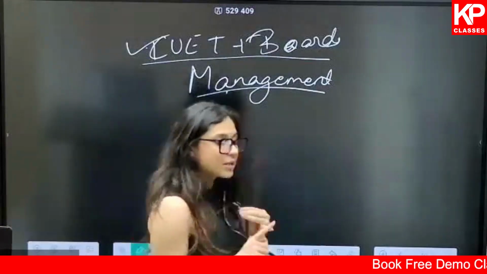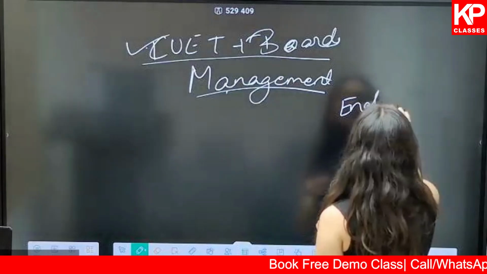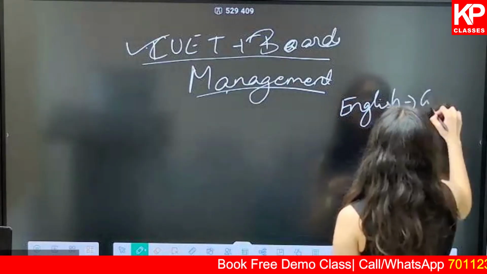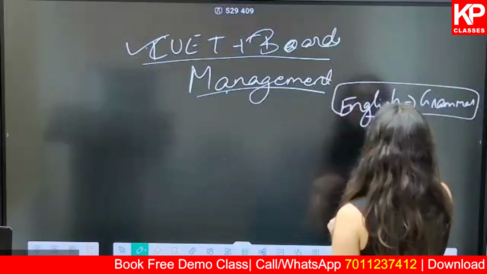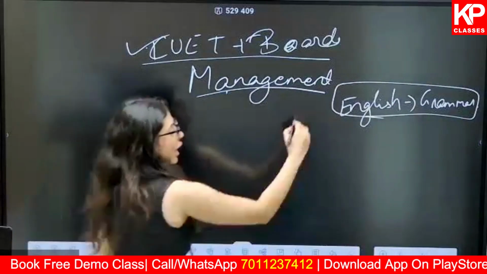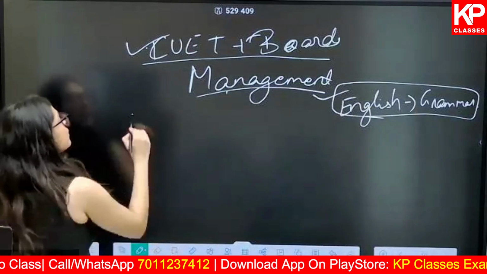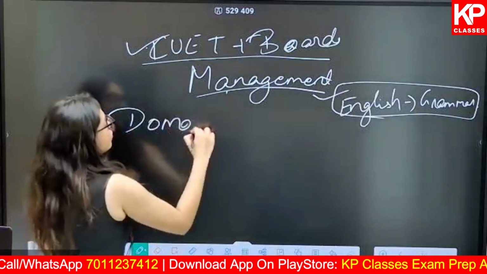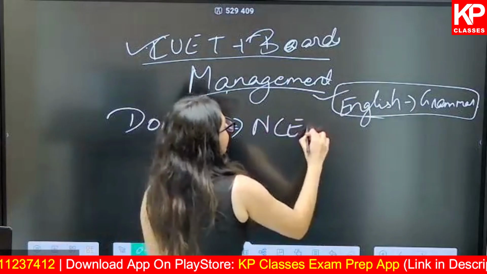So first and foremost thing, English language, you need to practice English grammar. Literature भूल जाइए, English grammar आपको practice करना है side by side. फिर domains prepare कैसे कर रहे हैं? Domains will be prepared simultaneously with your board preparation.